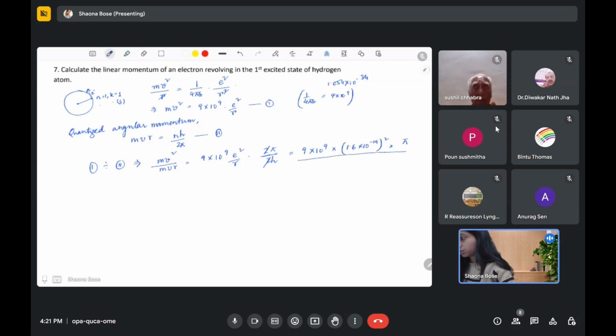Using the Bohr radius. Okay, so if you put in the values, calculate all of this.